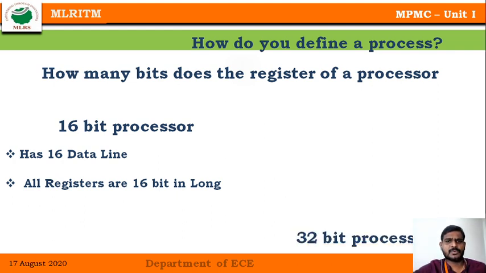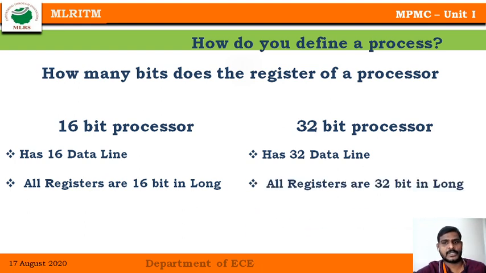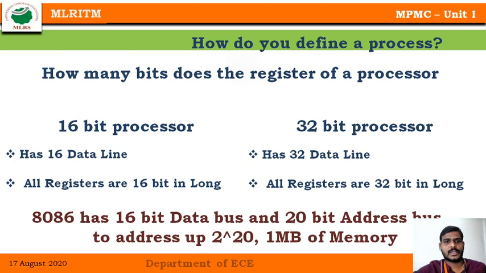Similarly, a 32-bit processor has 32 data lines and all the registers are 32 bits long. In the case of the 8086, it has a 16-bit data bus and a 20-bit address bus, which indirectly indicates that the 8086 can address up to 2 power 20, approximately 1 megabyte of memory.